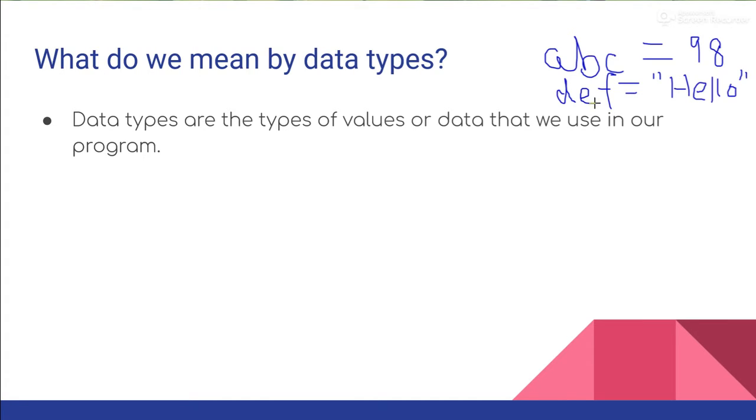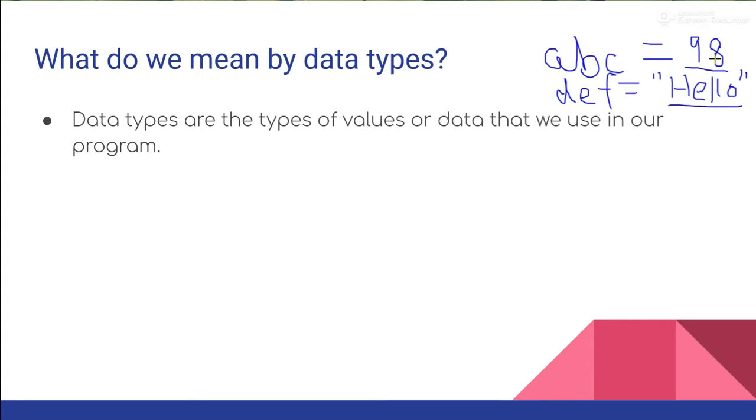So obviously these two things are nothing but variables, but the values which both of those variables are storing are actually different. And what I mean by different is they are different in type. If you notice properly, this is a number and this is a text, right?